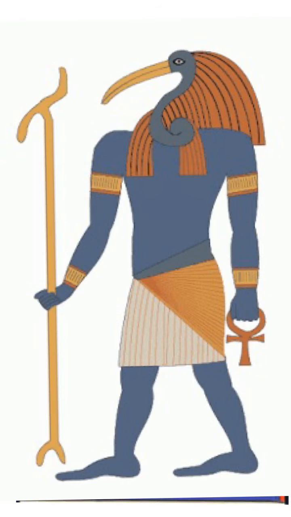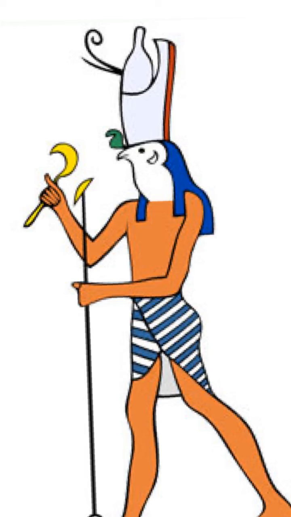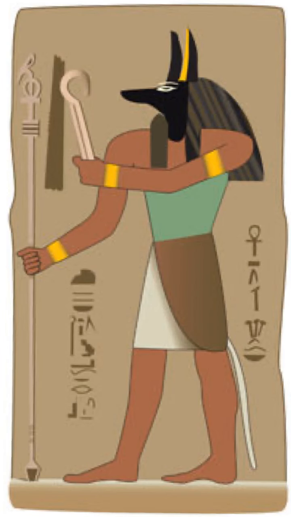He was also referred to as the designer of the universe. This is Horus. He was respected as the god of sky, even as a god of hunting. And this is Anubis. He was the god of death. He helped prepare the soul for the afterlife and took the dead to the hall of judgment.